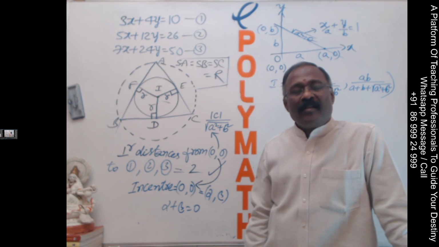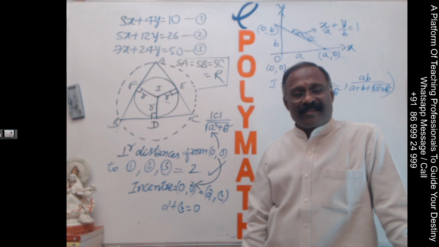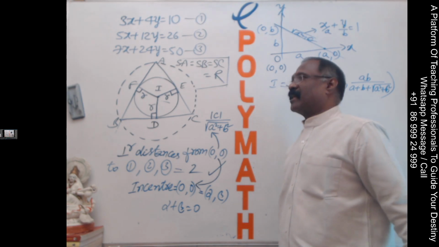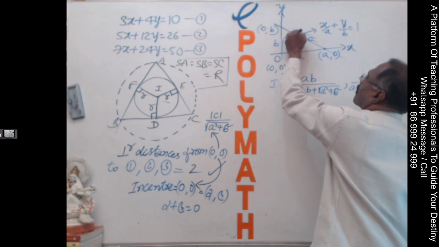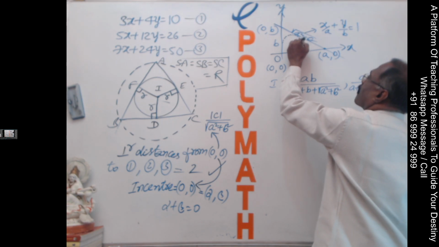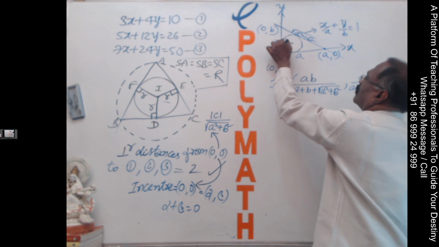Why? You will get this in your next coming topic, circles. If a circle is touching both the axes, like this, then what happens?